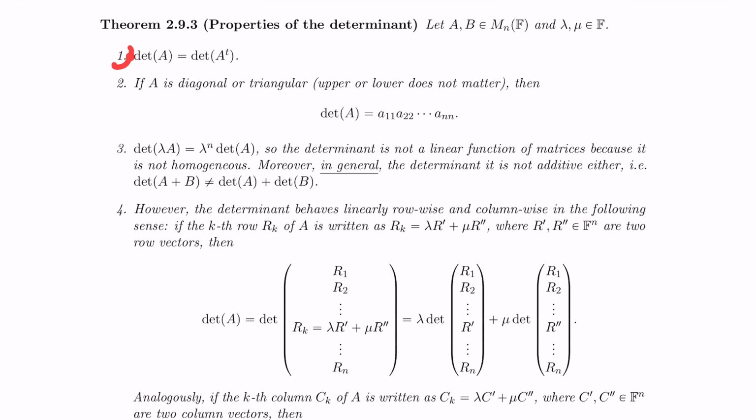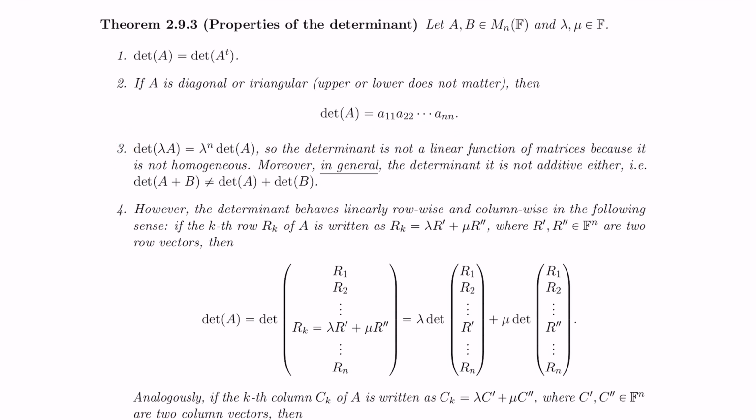Then the first property of the determinant is that the determinant of A is equal to the determinant of the transpose of A. Swapping rows and columns doesn't change the determinant. The second property is that if A is either a diagonal or a triangular matrix, upper or lower is not important, then the determinant of A is simply the product of the diagonal elements of A.